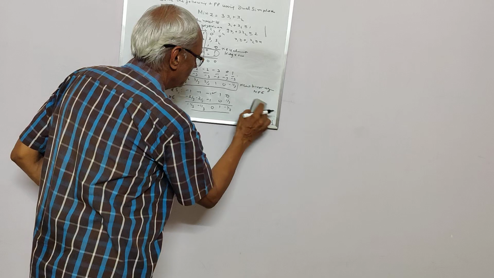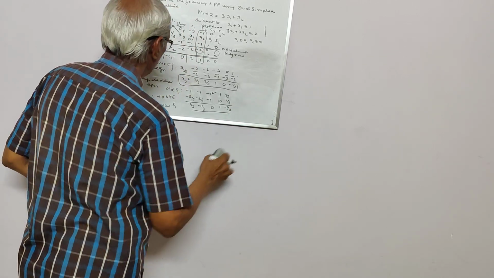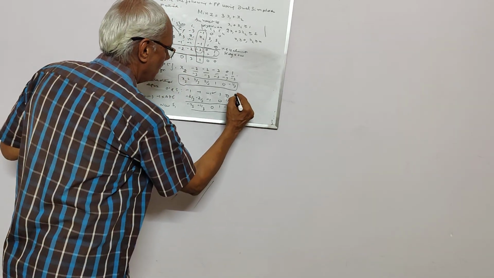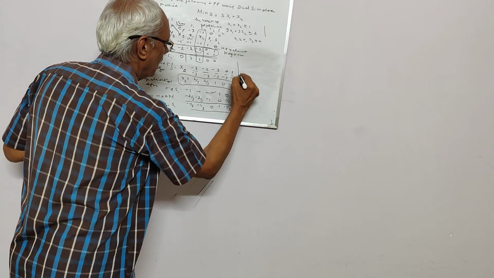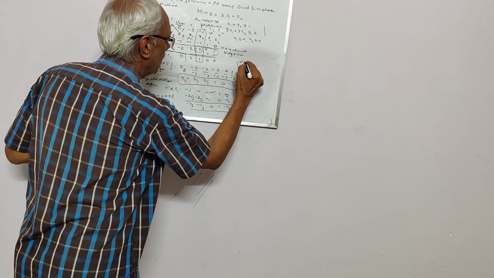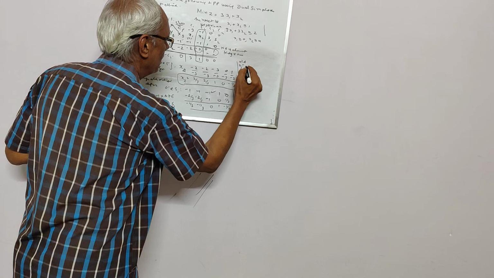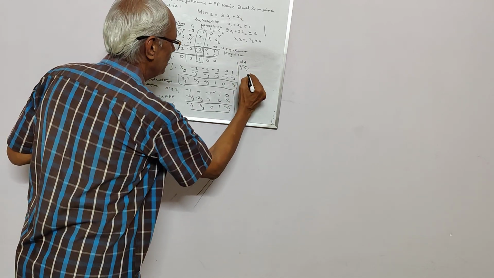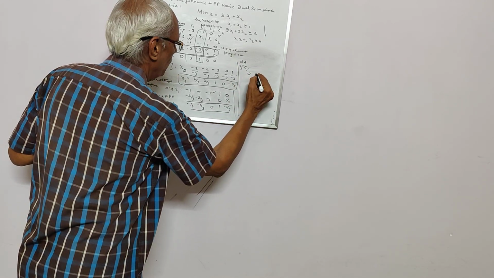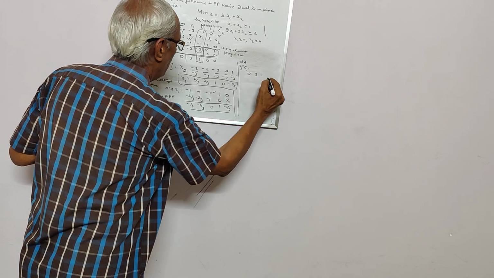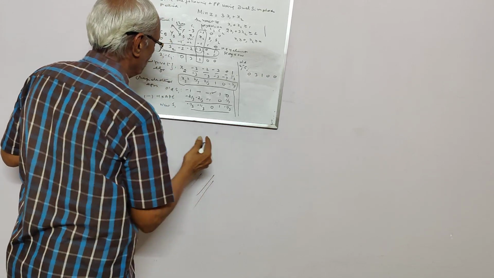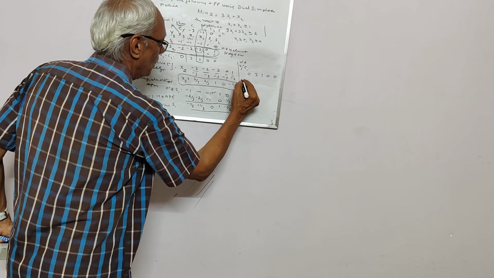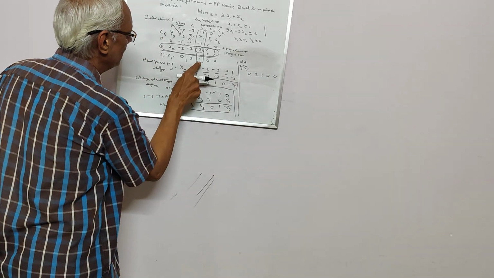Now I'll write here, this is what we have. Now the old Zj minus Cj. What is your old Zj minus Cj? 0, 3, 1, 0, 0. What is the key element here?